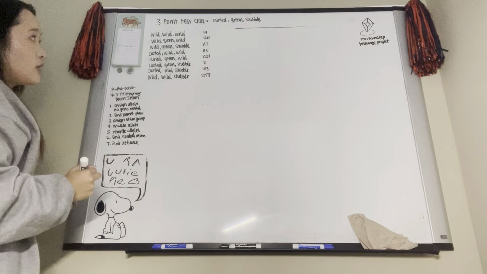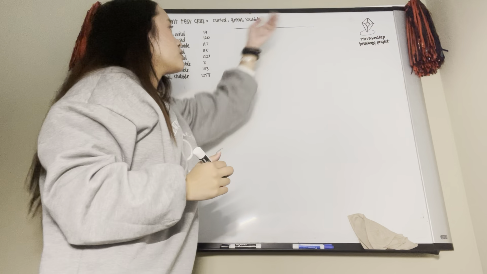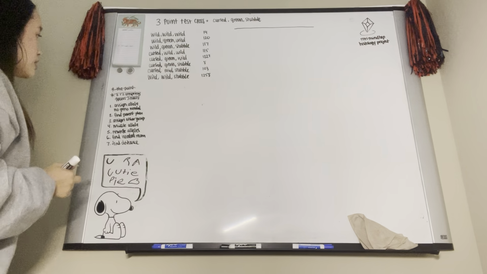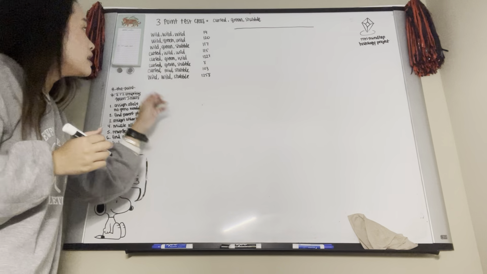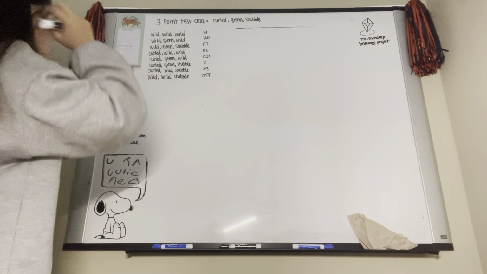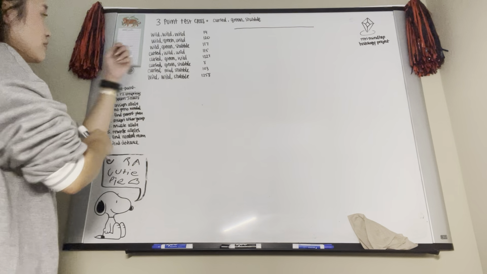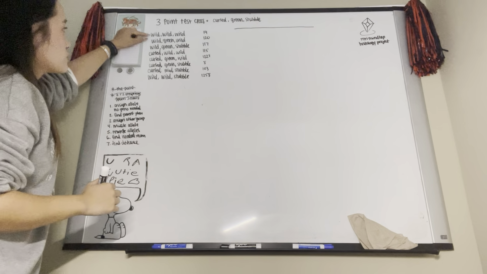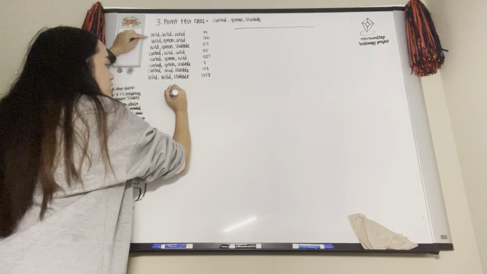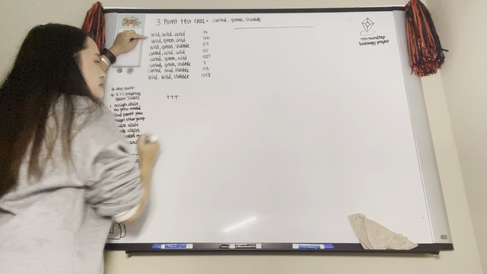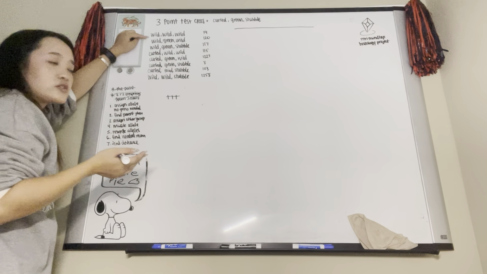So to find out which allele is on the chromosome that I have drawn right here, you're going to first look at your data point and rewrite the data points as the allele. So you don't really need the genotype for any of this, but you're going to assign the allele. So right here we have wild, wild, wild. I'm going to write plus, plus, plus, because that's usually the allele for wild type.